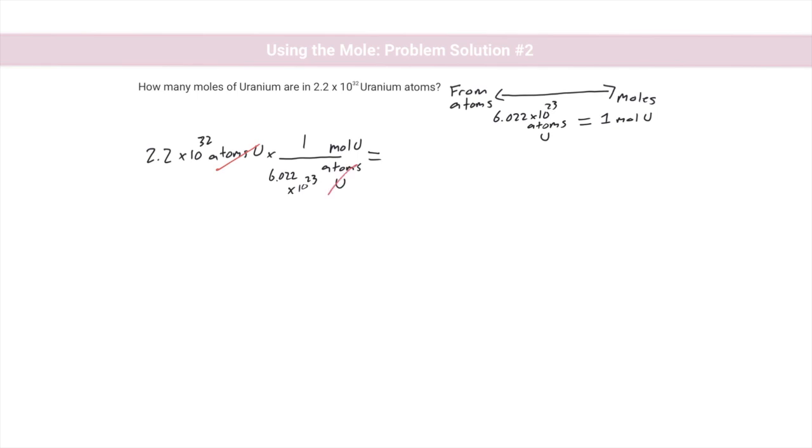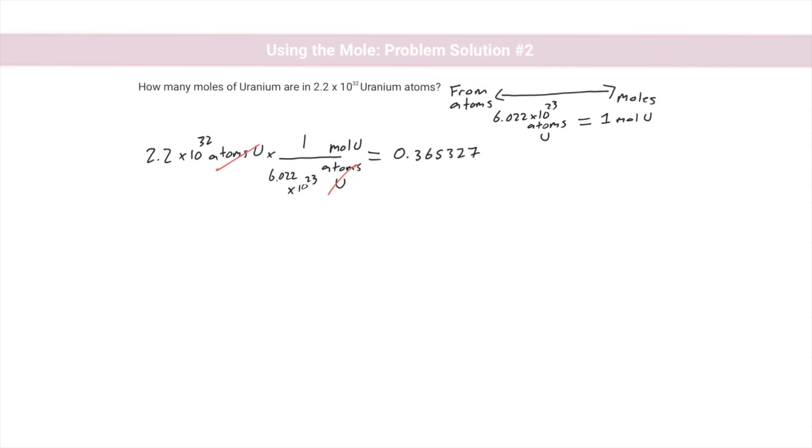And now we do our math. 2.2 divided by 6.022 gives us 0.365327.